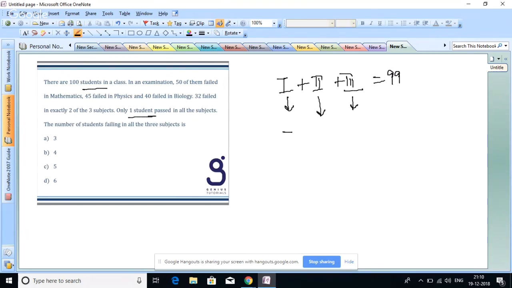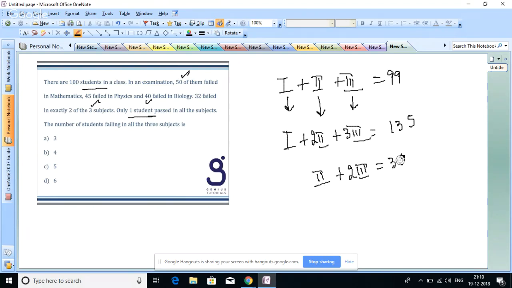If I total all these, this will give us 1 plus 2 times 2 plus 3 times 3 as the sum of 50, 45 and 40, which is nothing but 135.